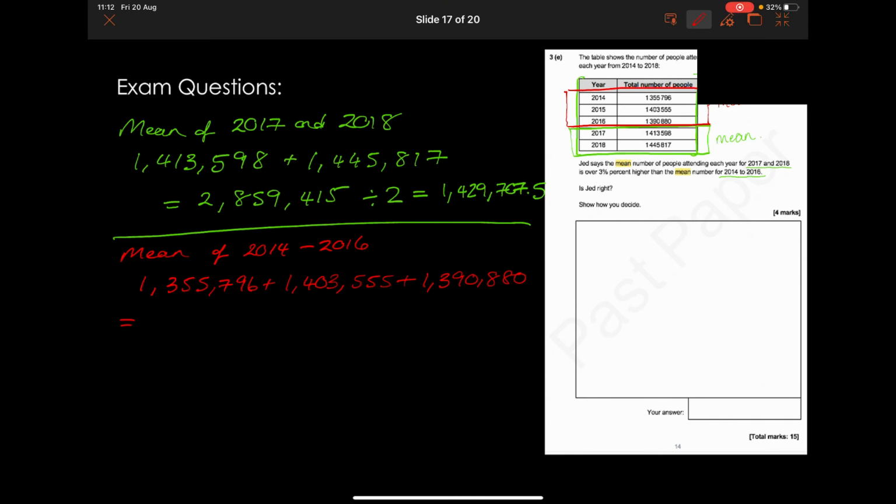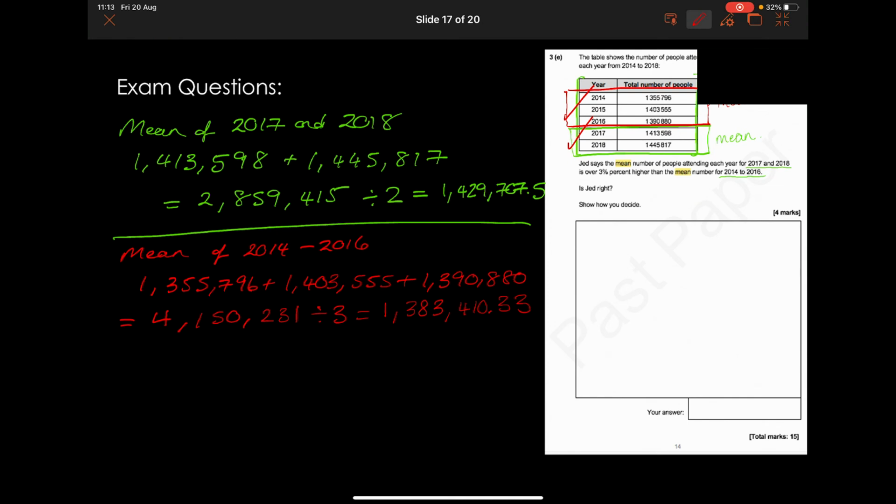And if you add all of those together, you get 4,150,231. You then just need to divide by 3 to find the mean because it's over 3 years. If you divide by 3, it gives you 1,383,410.33. Okay, so we've worked out the 2 averages. Done.